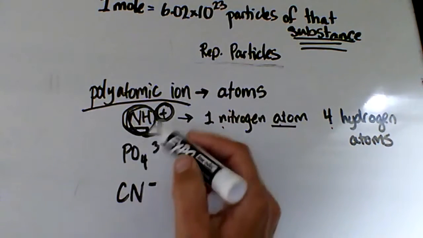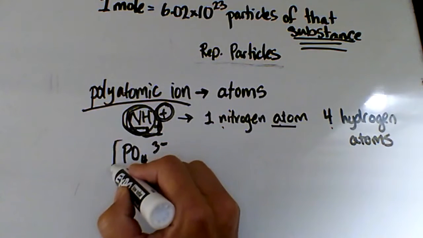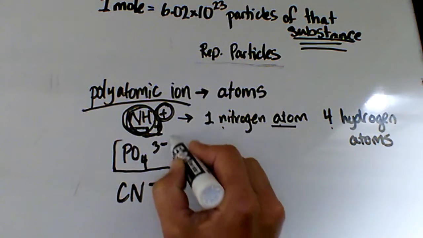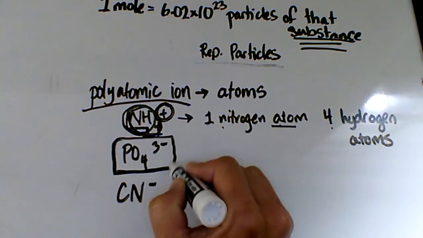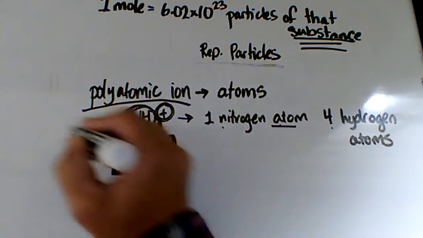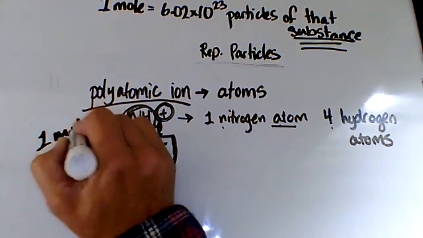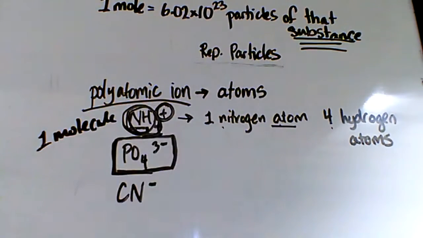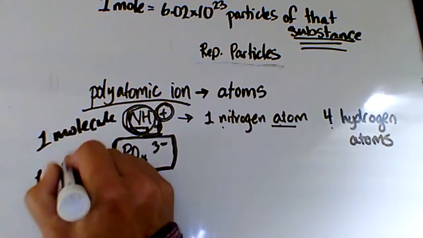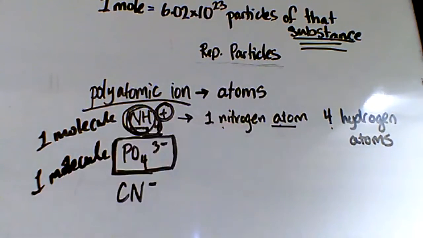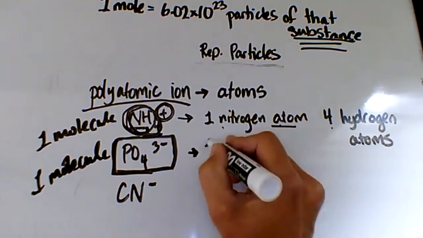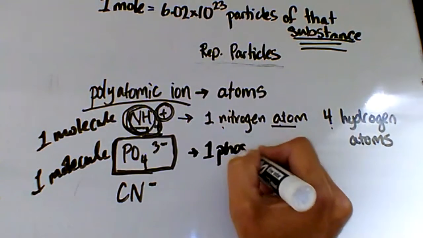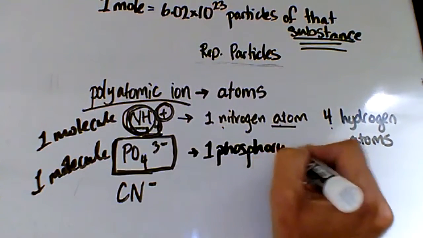If I have a formula or a molecule of phosphate, 1 molecule of phosphate, I have 1 phosphorus ion.